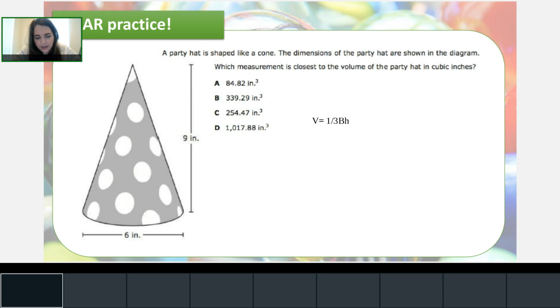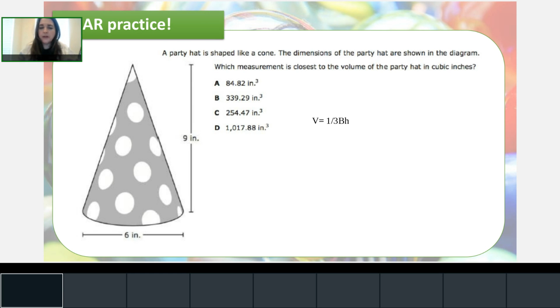I'm looking for V, and I know that it equals 1/3 the base, which is pi r squared. I'm going to put the pi, but as you all know, I don't have the pi on this computer. So I'm going to multiply it times 3.14 times r squared.